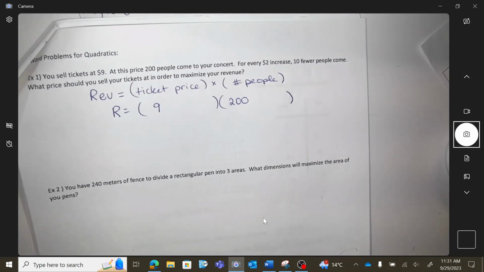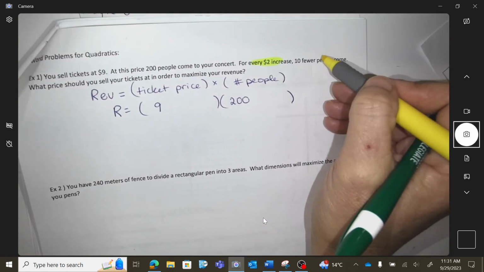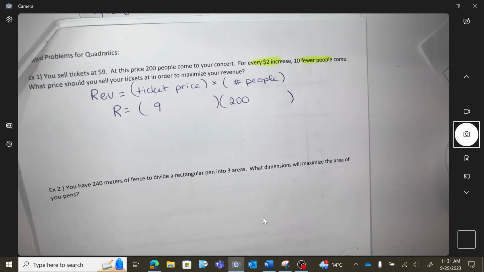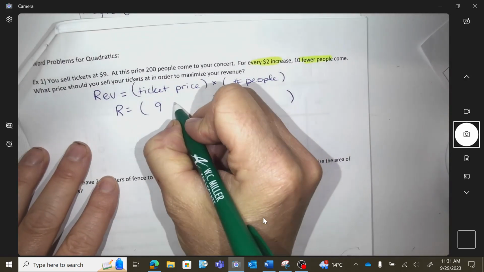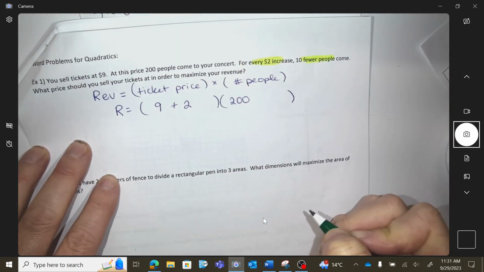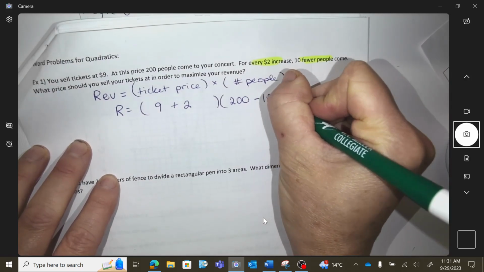Okay, so this is the part where it gets tricky. For every $2 increase, 10 fewer people will come. So I'm going to make those adjustments. So increasing the price by $2. So if this goes up by $2, then this would go down by 10.